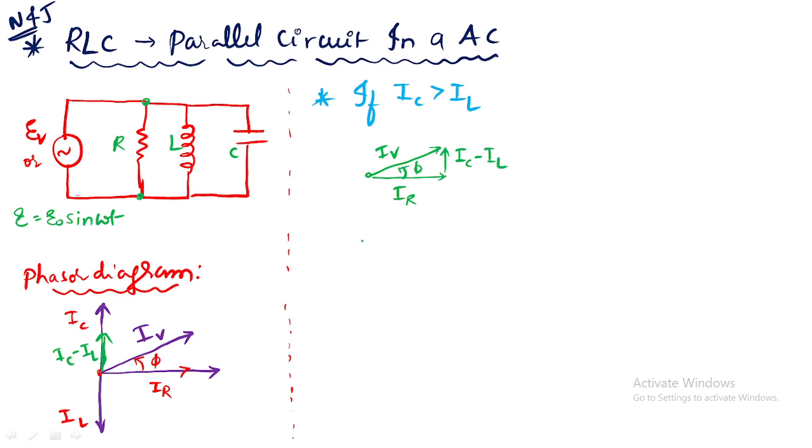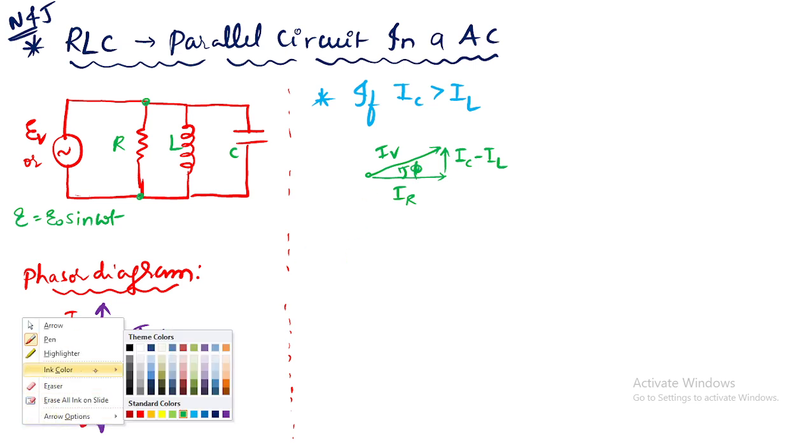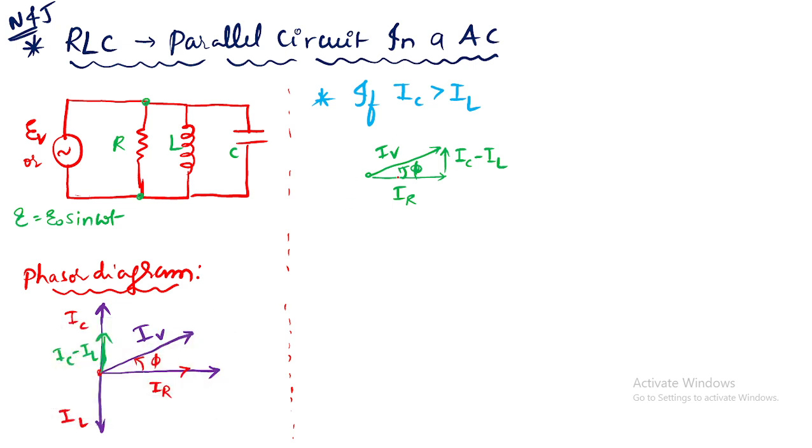This is the phase angle phi. So tan phi is equal to I_C minus I_L divided by I_R.